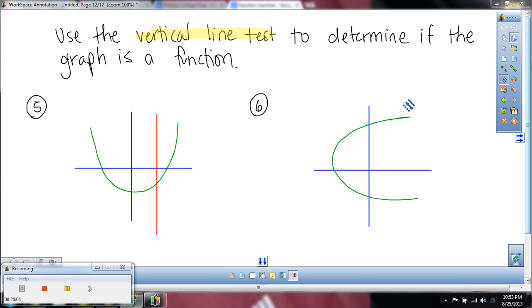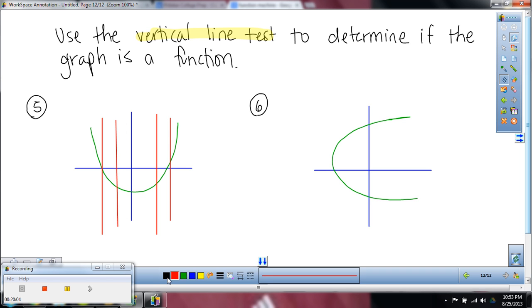So if I draw all these vertical lines in, it doesn't matter where my vertical line moves, I'm only hitting at this point, this point, this point, this point, which means that every x value is giving me 1 y.